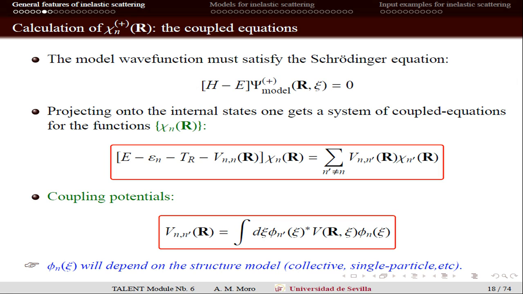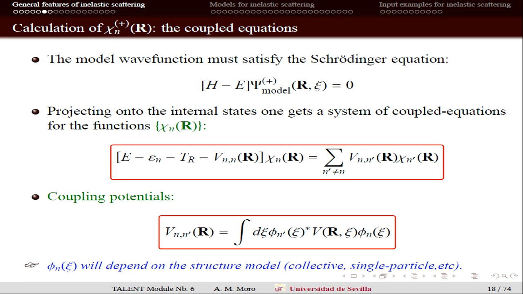So in general, we may have a complete matrix of these coupling potentials. These coupling potentials are the most important part of these equations from the user point of view, because many of you or some of you will run coupled channels or DWBA calculations, but you don't have to write your own coupled channels code because someone else has done this before for us.